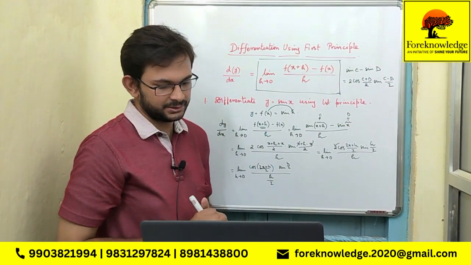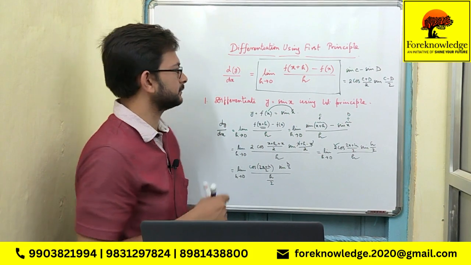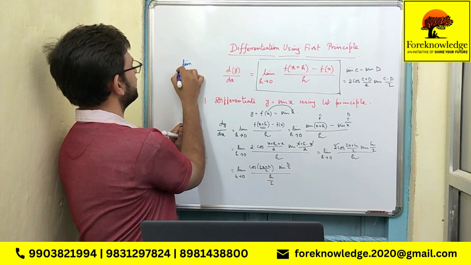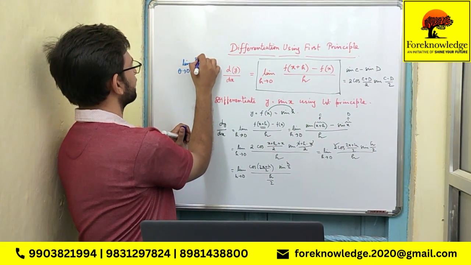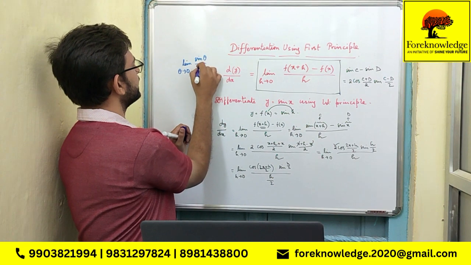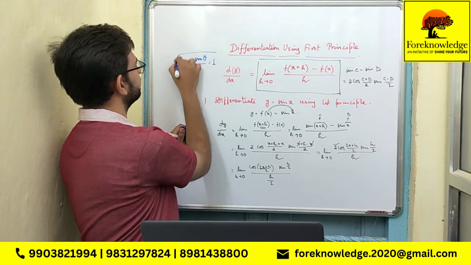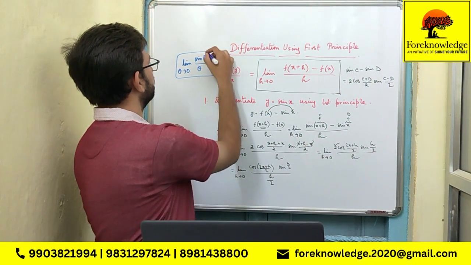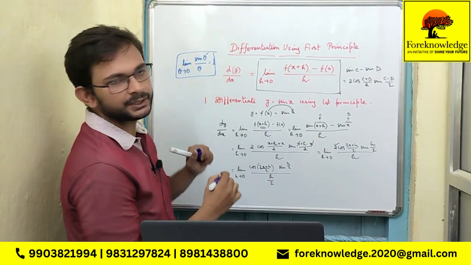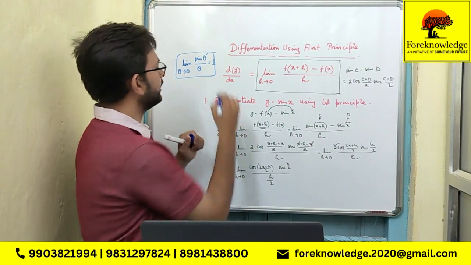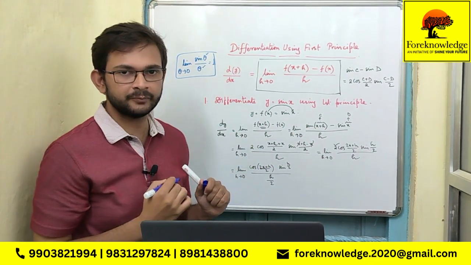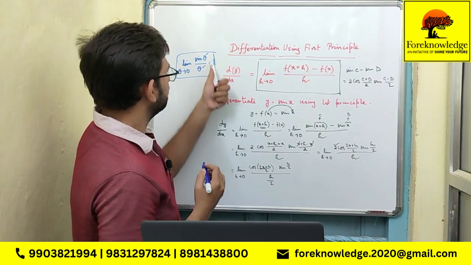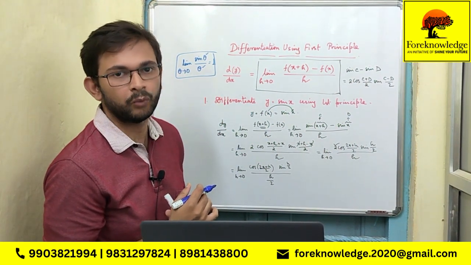Because there is a very famous formula in limits, limit theta tends to 0 of sin theta upon theta is equal to 1. Whatever is present along with sine, if the same thing is present in the denominator, then when theta tends to 0, the value of the limit will be 1.